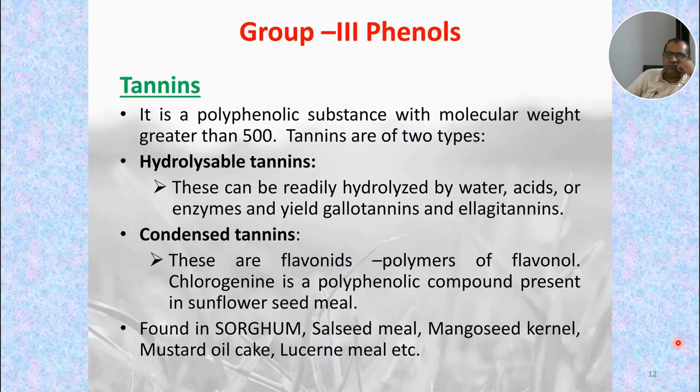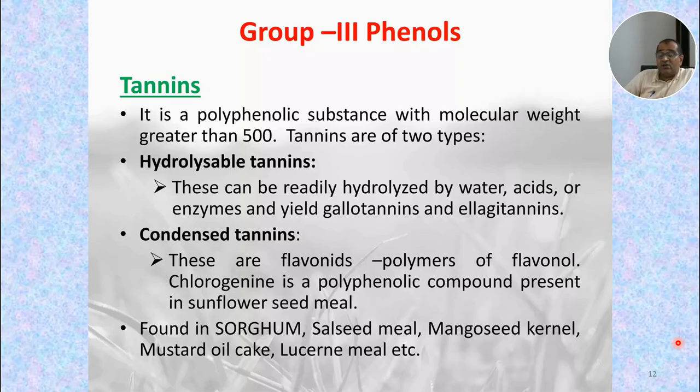Whereas group 3 is phenols. Whenever we remember phenols, we should give the example of tannins. Tannins are one of the important anti-nutritional factors with a molecular weight of more than 500. Tannins are of two types.